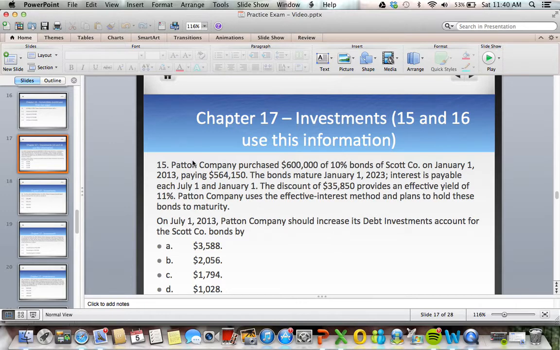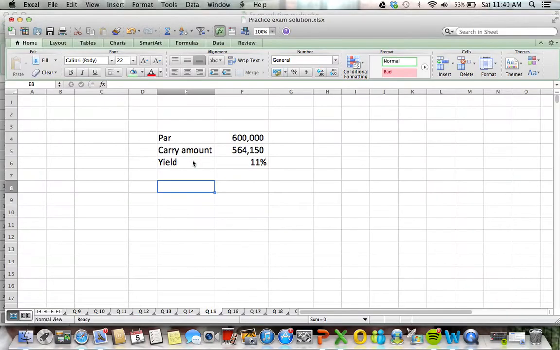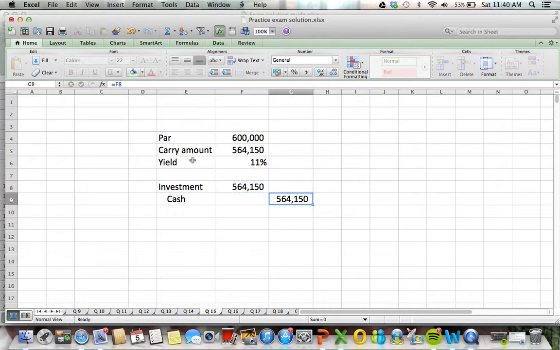In other words, what was the amortization that we recorded as interest revenue by increasing the carrying value of the investment? When we recorded this, we debited investment for that amount, and we credited cash for that amount. So that's what we have now.